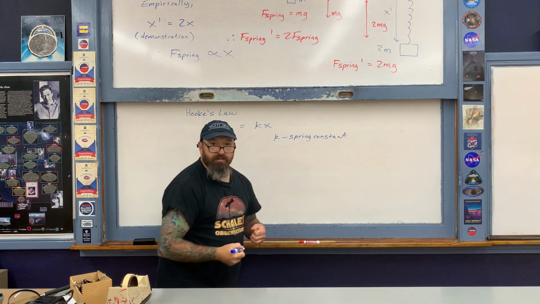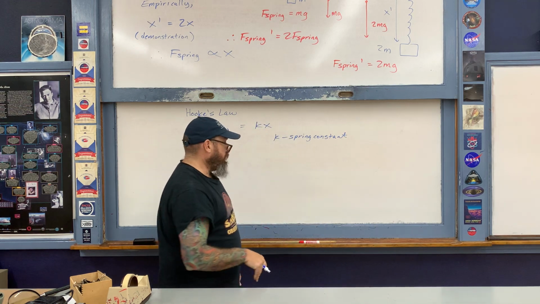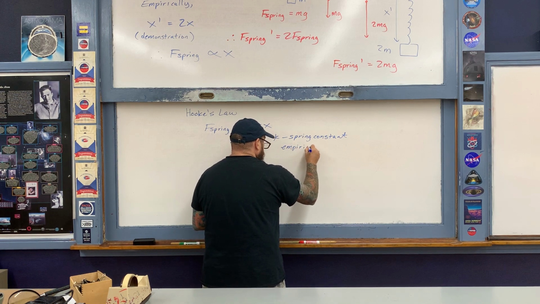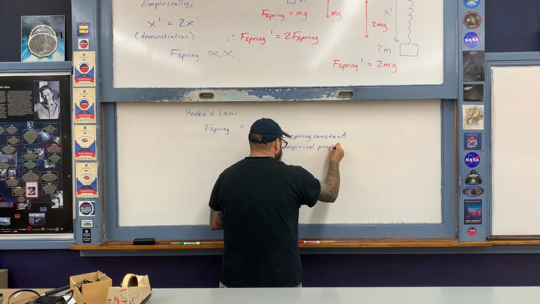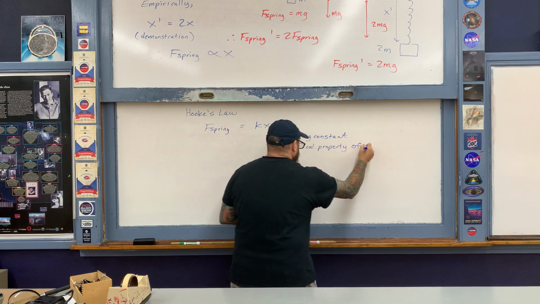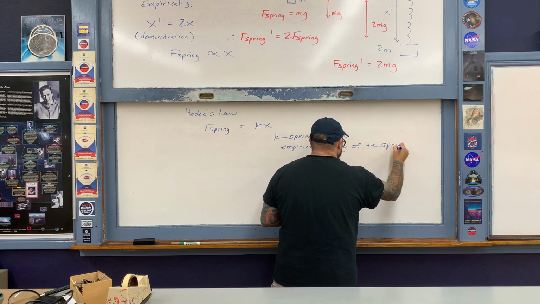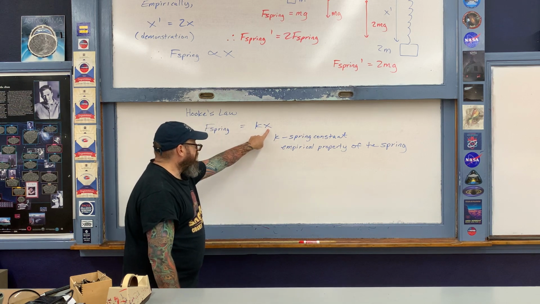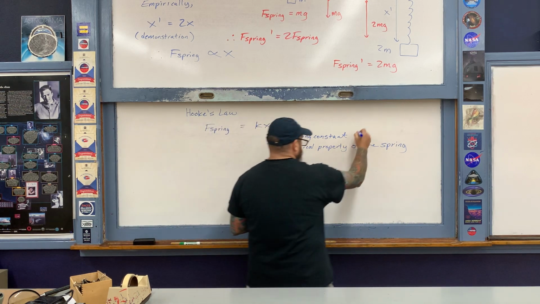You'll eventually measure it, by the way, in a mini lab exercise in the future. And the spring constant is an empirical property of the spring. It is measured in terms of newtons per meter.